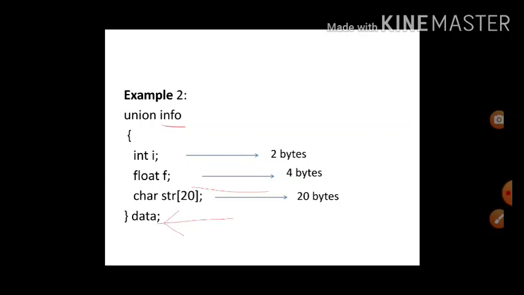So, which one is the largest of the three? 2 byte, 4 byte, 20 byte. 20 byte is the largest data member inside the union. So, the memory space allocated for this union will be 20 bytes. This way we can find the size of the union, but still we will write a program to find the size of a union.